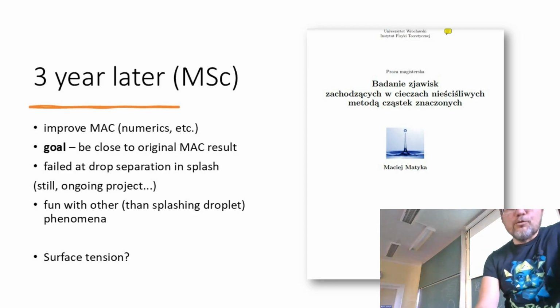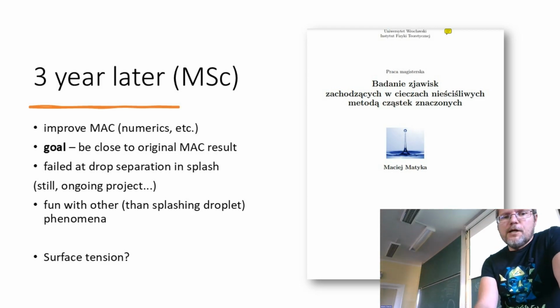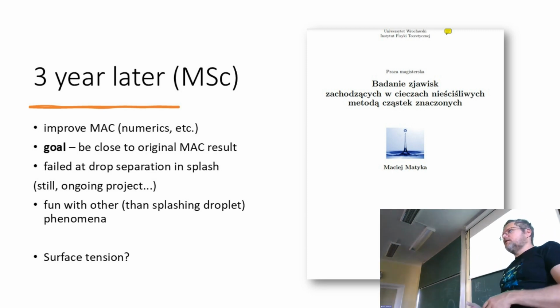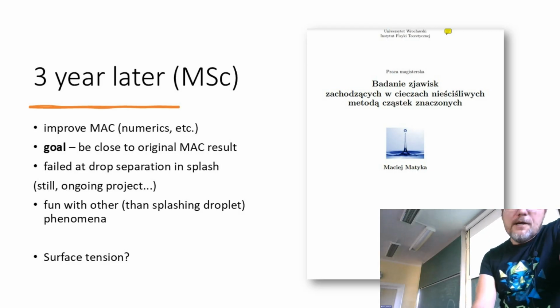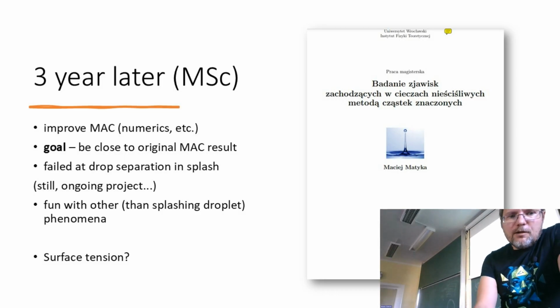The idea was to use a very similar algorithm to marker and cell, as you remember from the very first lecture, but to use the SIMPLE algorithm to solve Navier-Stokes. Not because marker and cell used a very direct way to solve the Navier-Stokes. Here I wanted to use SIMPLE.